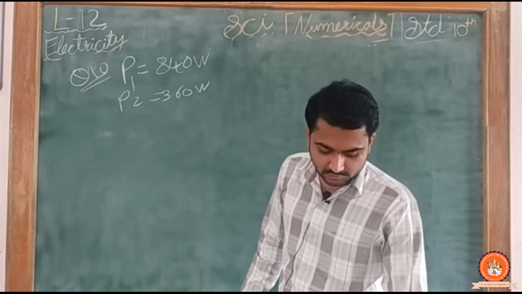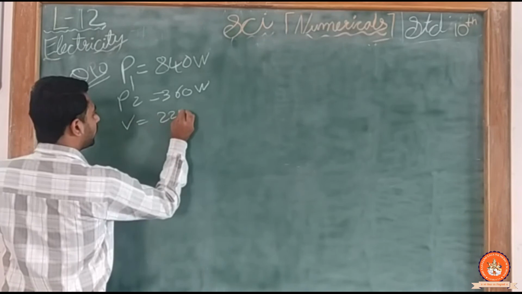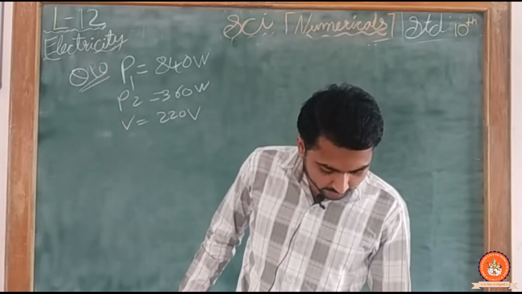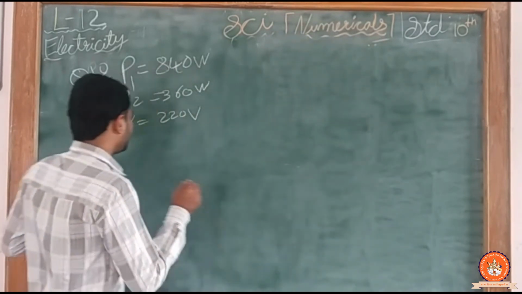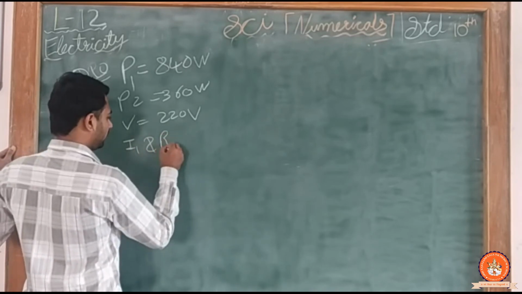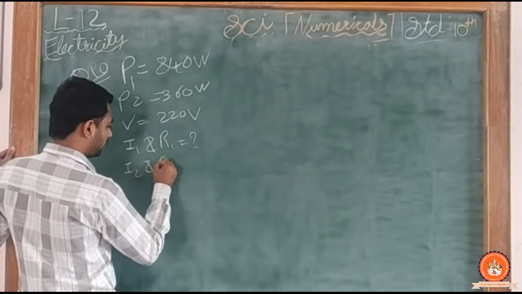Now voltage is 220 volt. So voltage we have 220 volt. What are the current and the resistance in each case? Current and resistance. So I1 and R1, then I2 and R2.